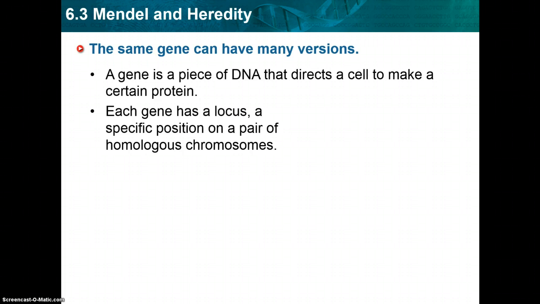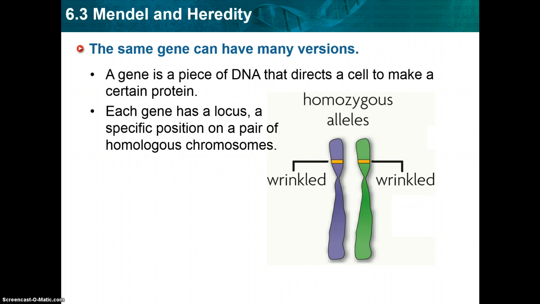The same gene can have many versions. A gene is a piece of DNA that directs a cell to make a certain protein. Each gene has a locus, which is a specific position on a pair of homologous chromosomes. So each little gene has an exact spot where you can find it.